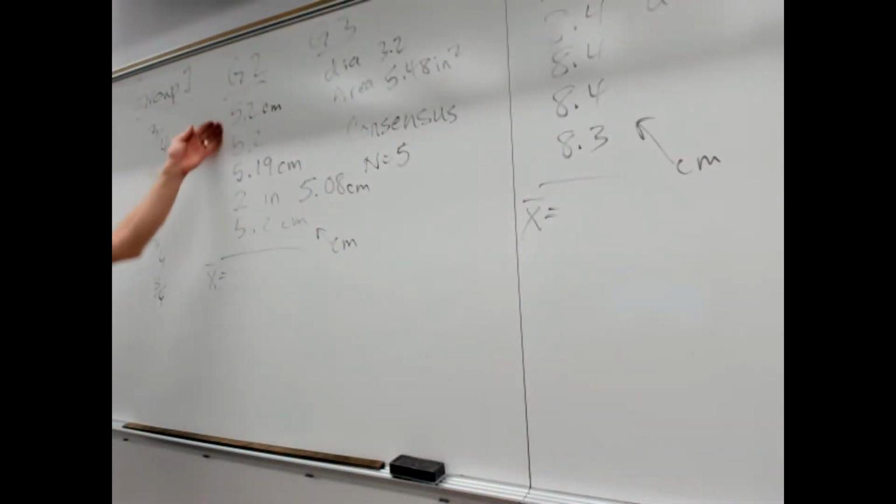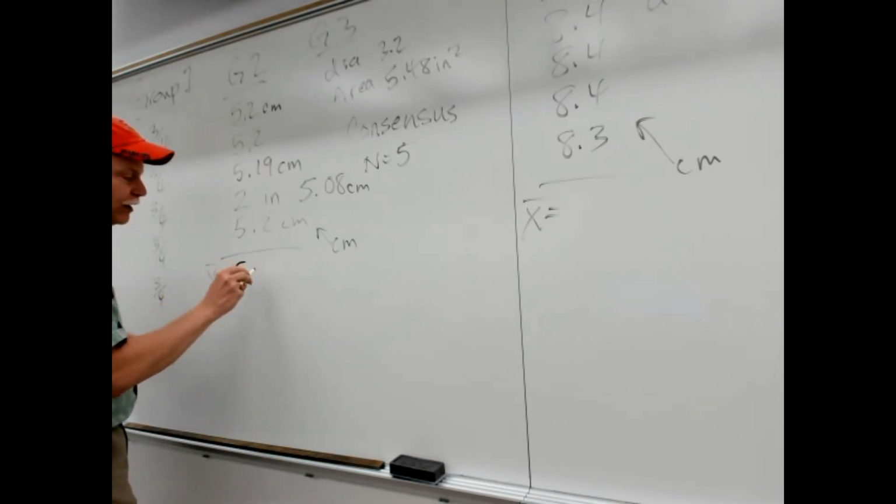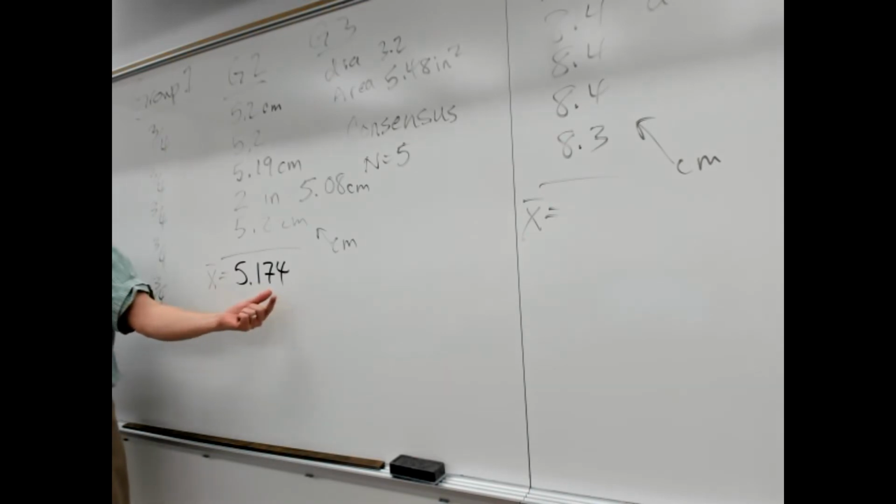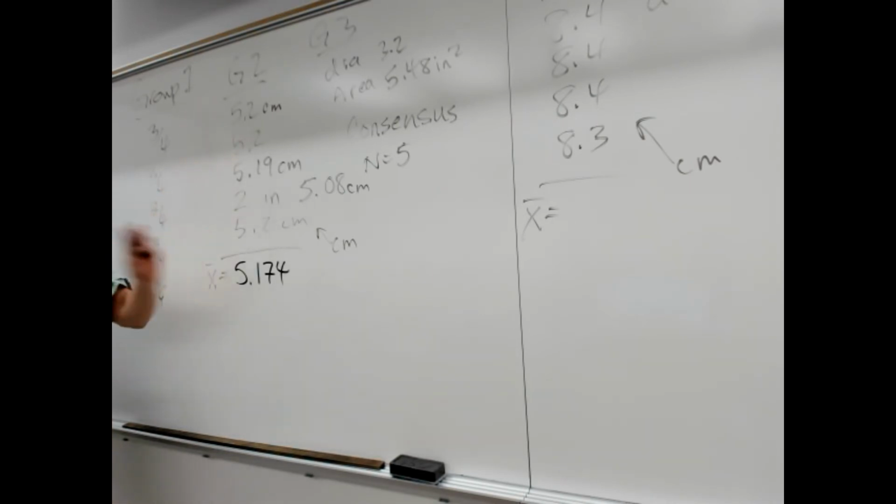So who has this first one? 5.2, right? Is there a guard digit? Is there any extra digits? It's 5.174. I'm keeping these extra digits not because they're significant yet. They're guard digits. So what do I mean by guard digit? Well, since we have multiple measurements, we don't have to use the significant figure convention.